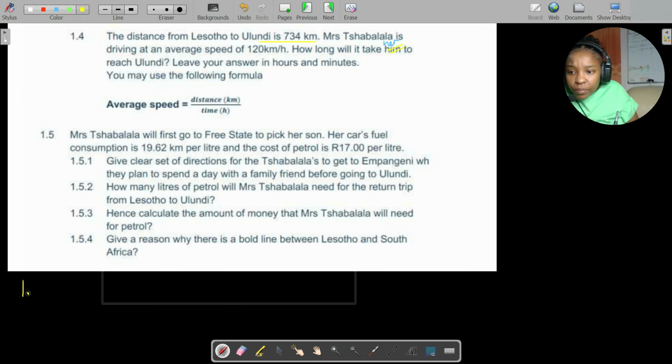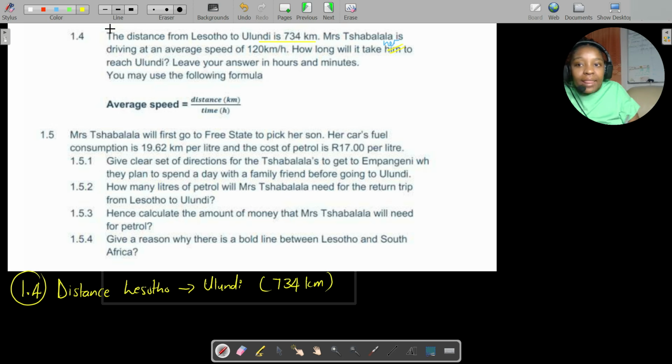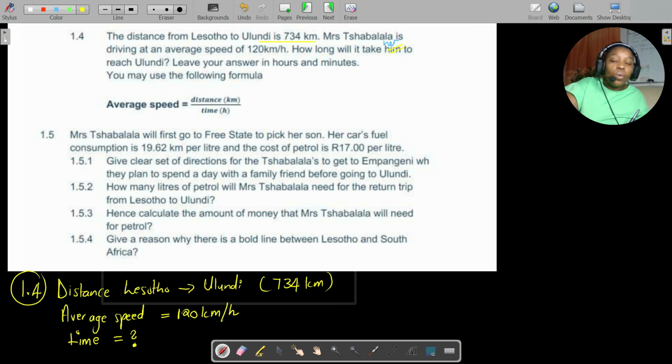Question 1.4: they're giving us that the distance from Lesotho to Ulundi is equal to 734 kilometers, and they're telling us that she's driving at an average speed of 120 kilometers per hour. How long will it take? So we're looking for time.